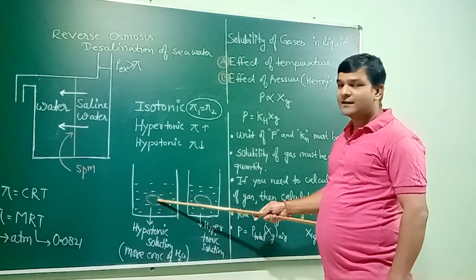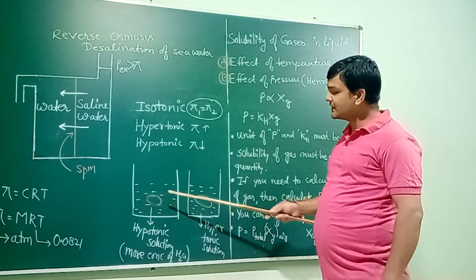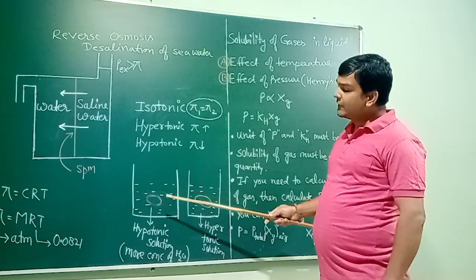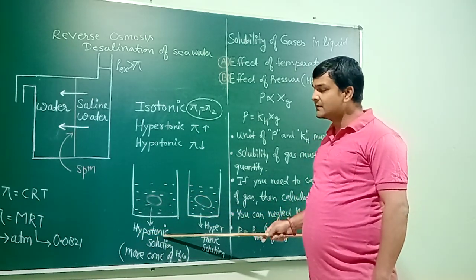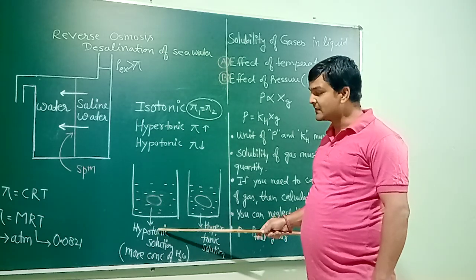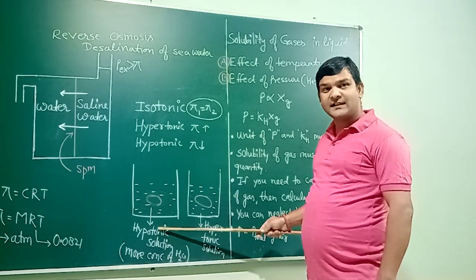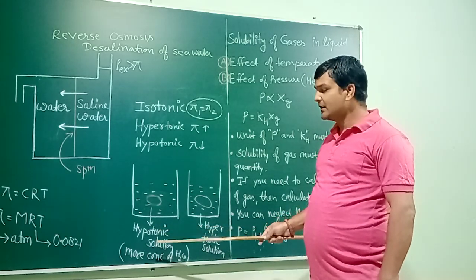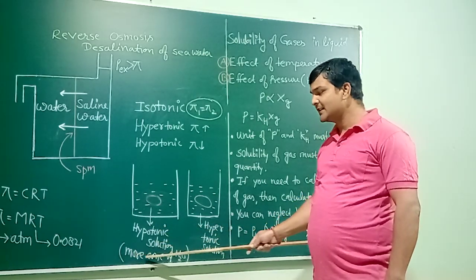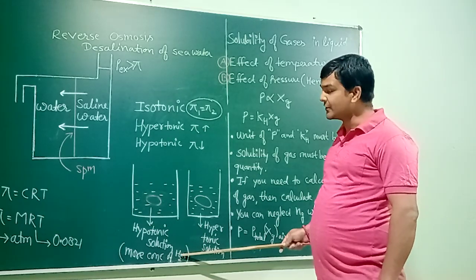These are, suppose, our RBCs, red blood corpuscles. If the solution of the injection is hypotonic, hypotonic means its osmotic pressure is less, and osmotic pressure is less means the concentration of solute is less, or the concentration of solvent, it means water, is high.